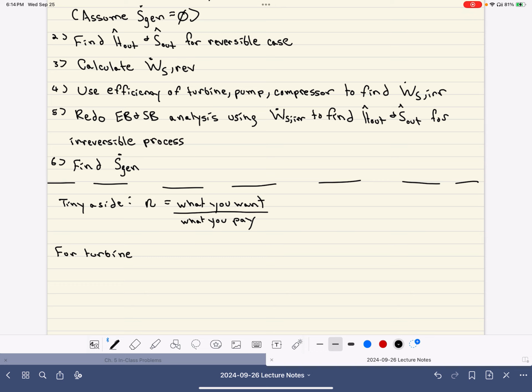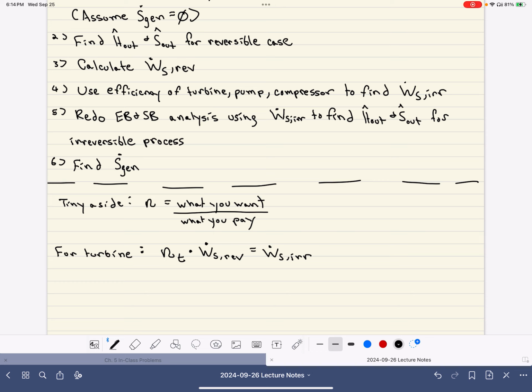your efficiency would be defined like this, where you have the efficiency of the turbine multiplied by the shaft work associated with the reversible case, right? So for that hypothetical reversible case, that product would give you the shaft work of the irreversible case, right?